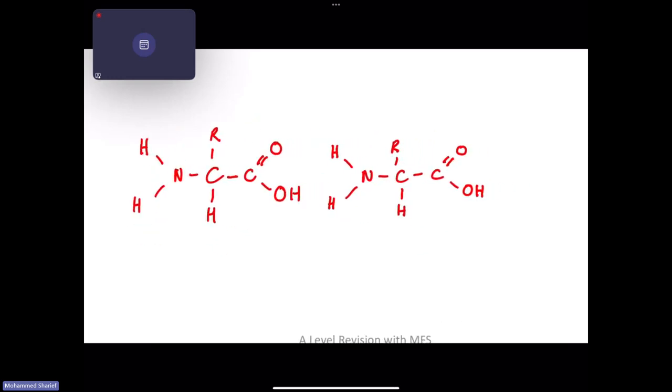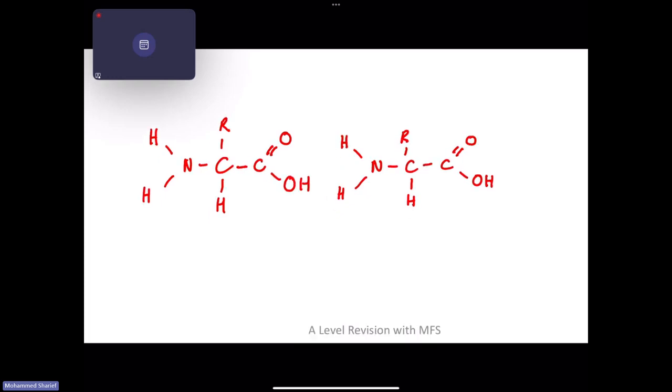If these two were to combine, how can a molecule of water be released? Well, if you have a look over here, we can see this bond over here. We can see that there's two H's and an O. And if that was to combine, we would find that the H2O would be released in the process.